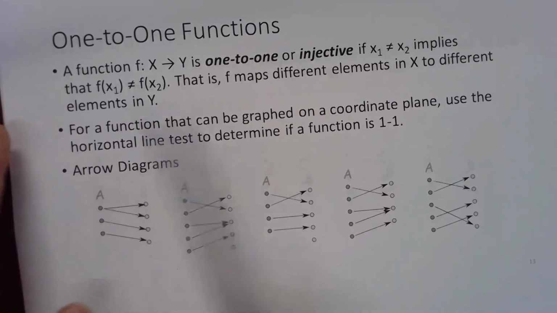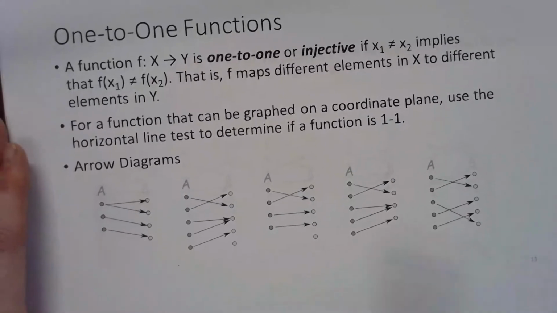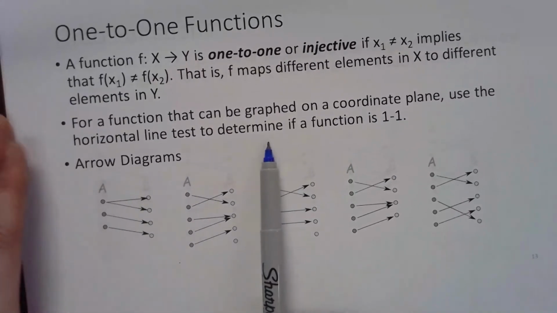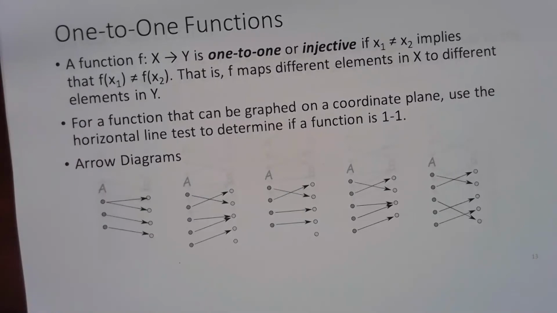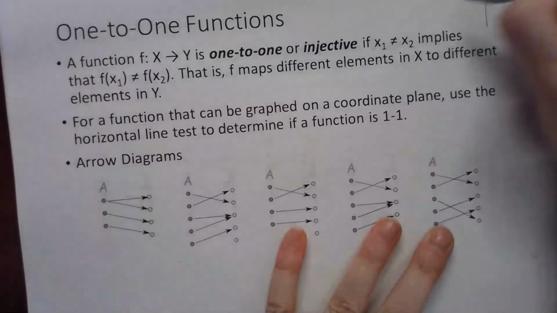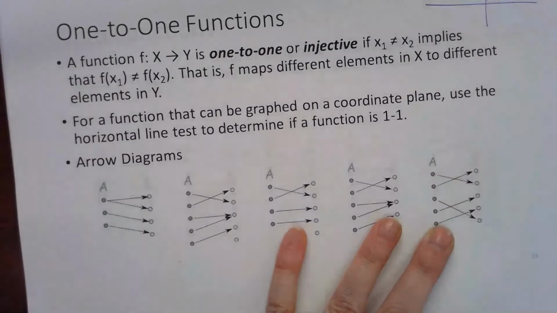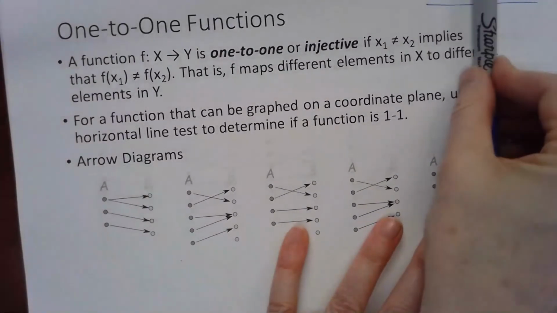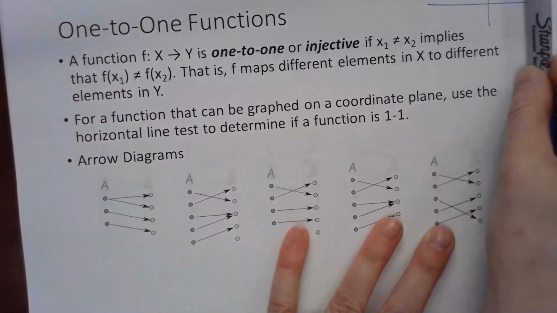Okay, so you probably have seen a test for this, the horizontal line test. The vertical line test tells you if it's a function, making sure every x value maps to a unique y value. It doesn't go to more than 1. But let's go back to our parabola example. This one is a function because every x value maps to one y value.